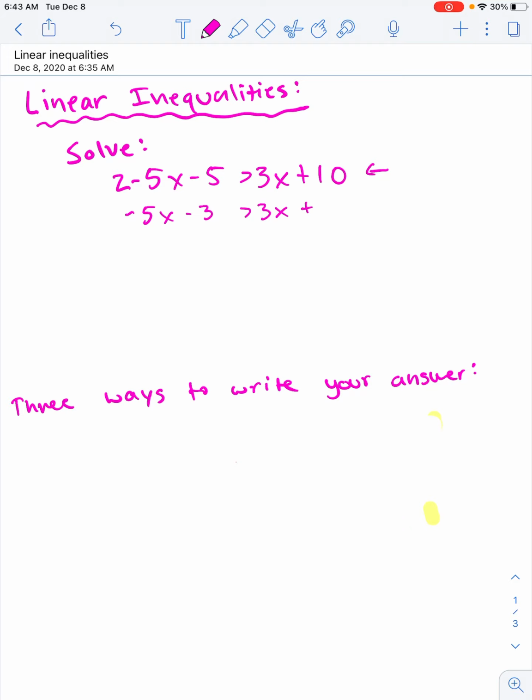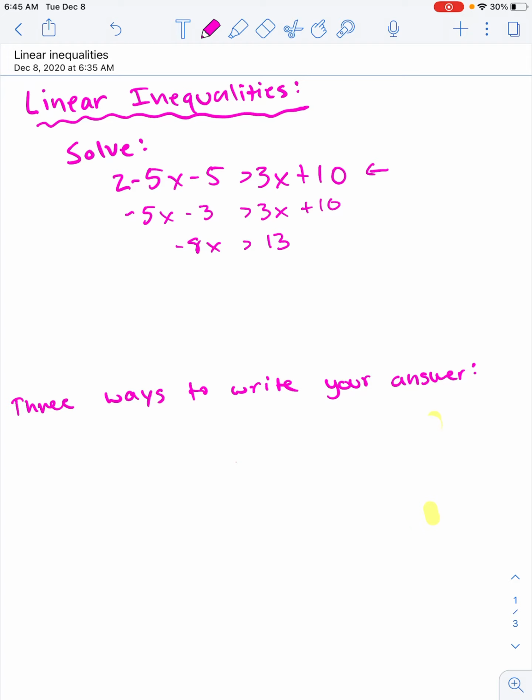This is just like solving an equation, except now we have a less than sign instead of an equals sign. And then I'm going to get all of my x's over to one side and everything else over to the other side. And then the final step is I want to isolate x, so I'm going to divide by -8.